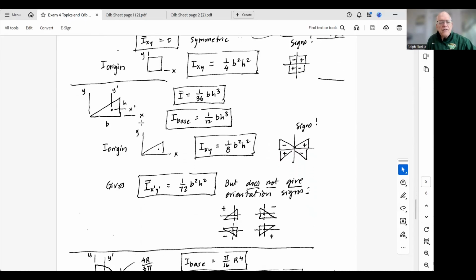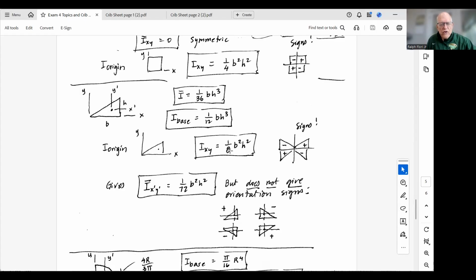For a right triangle, he gives an I bar, which is 1/36 BH cubed, the moment of inertia about the centroidal axis. He gives an I base, which is 1/12 BH cubed. He gives an I origin form for about the X and the Y axes, this is IXY.